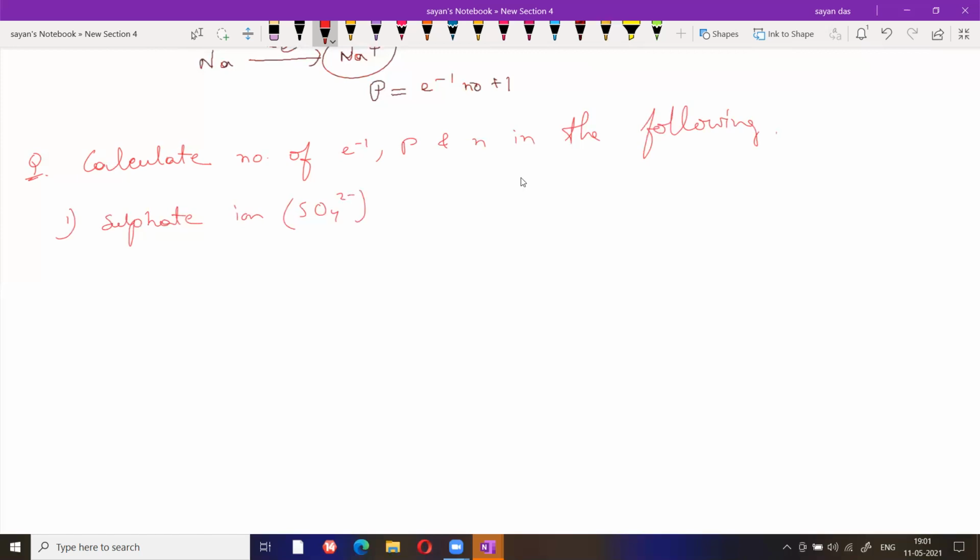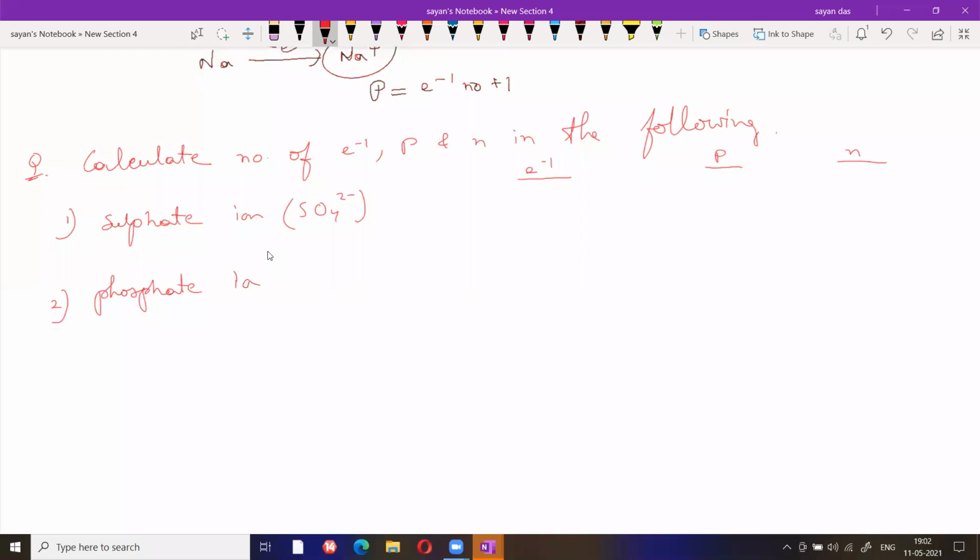Find the electron number, proton number, and neutron number. Okay. Second, the phosphate ion. PO4 3 minus.